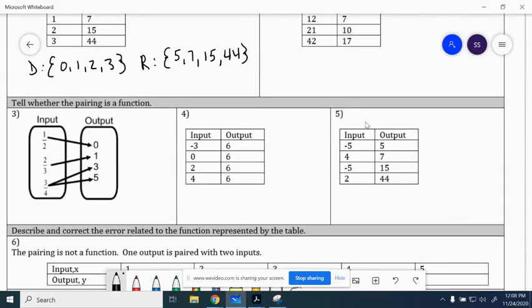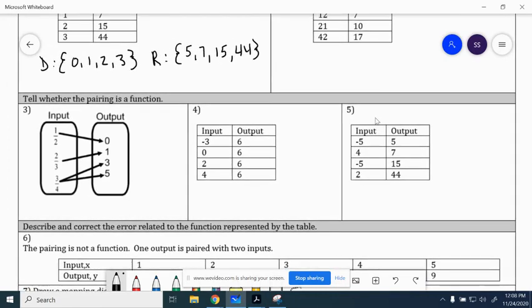All right, 3, 4, and 5, we need to tell whether the pairing is a function or not. Let's look at number 3 here. 1/2 is going to 0, 2/3 is going to 1, and 3/4 is going to 3 and to 5. Okay, so here is our problem here, guys. This is not okay.